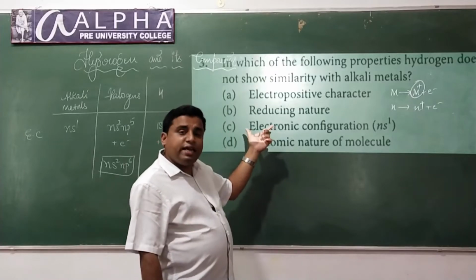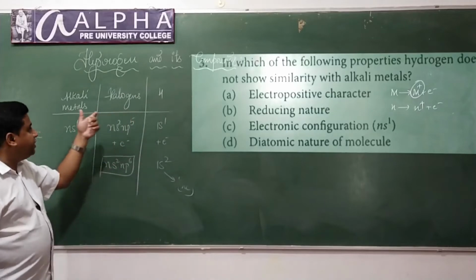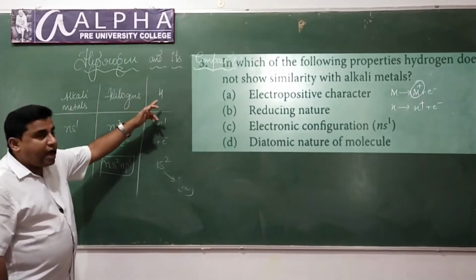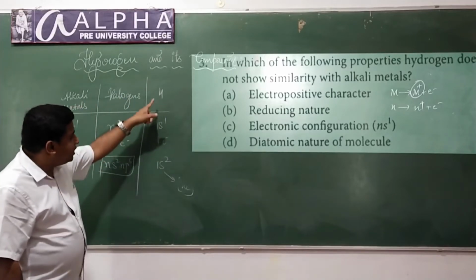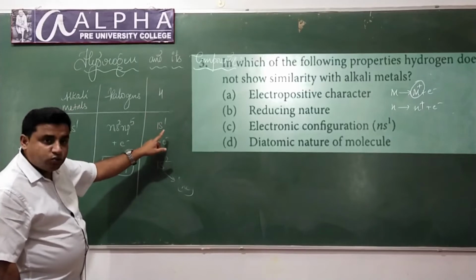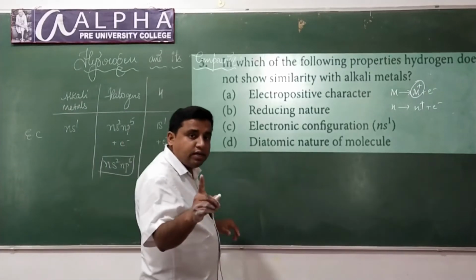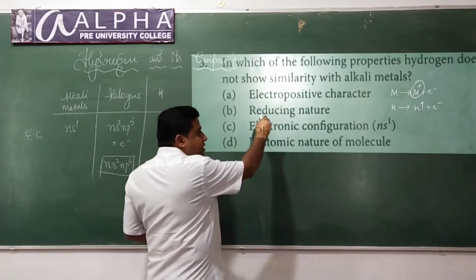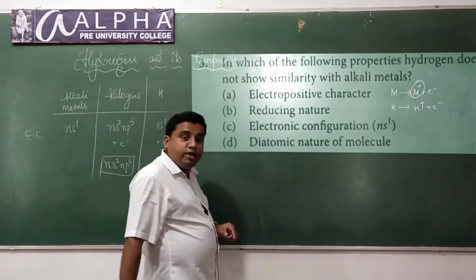In its electronic configuration, yes. Just now I told you, alkali metals have an outer electronic configuration of ns1. Hydrogen resembles alkali metals in its outer electronic configuration: hydrogen is 1s1 and alkali metal is ns1. So hydrogen resembles alkali metals in electropositive character, in reducing nature, and in electronic configuration.